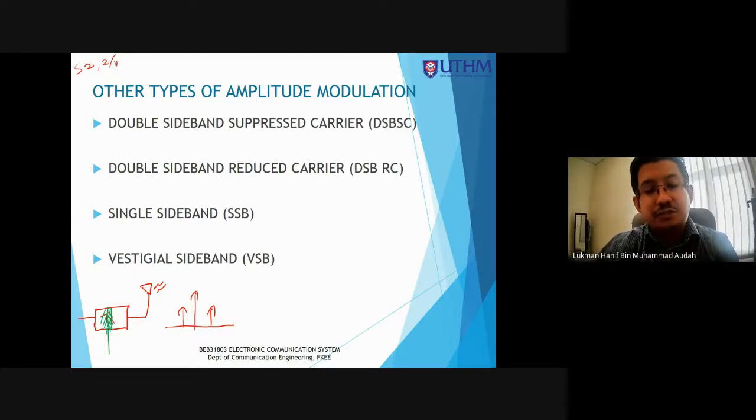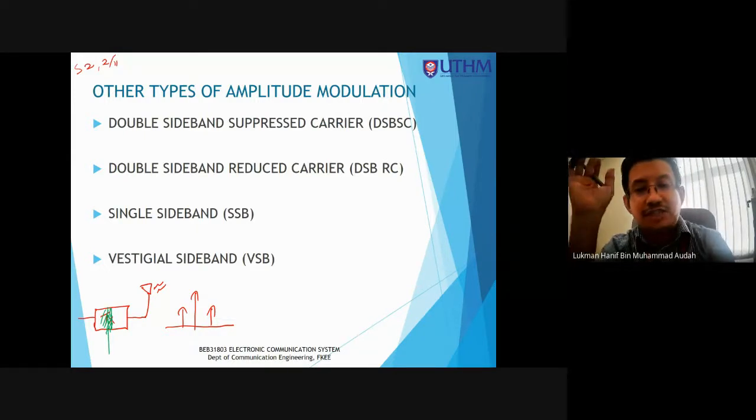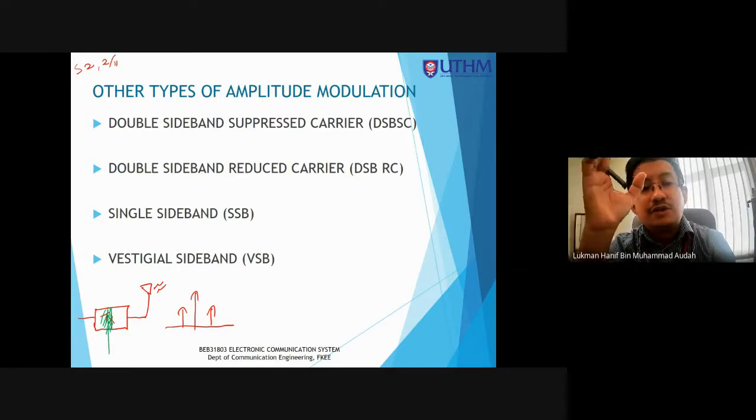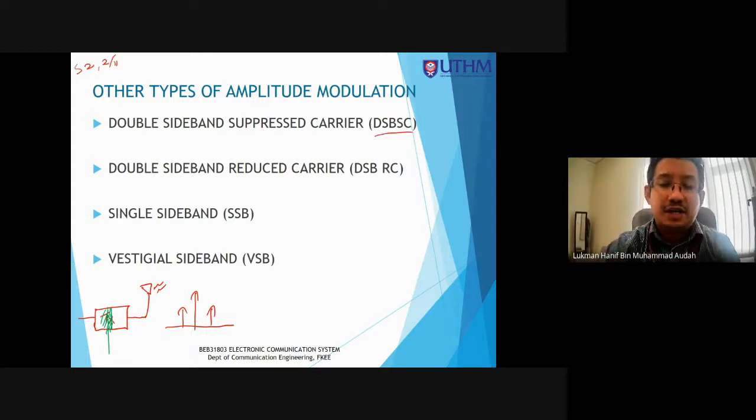So this is double sideband full carrier, and it is the oldest technology in the amplitude modulation scheme. Yang mana dia ada beberapa keluarga yang besar. So there are other types of amplitude modulation techniques. One of them is double sideband suppressed carrier, DSB-SC.